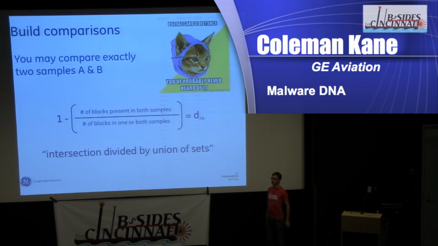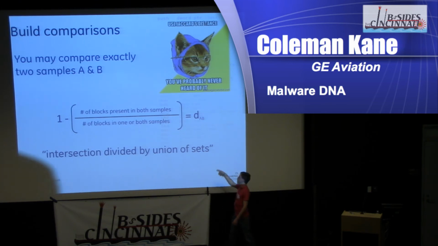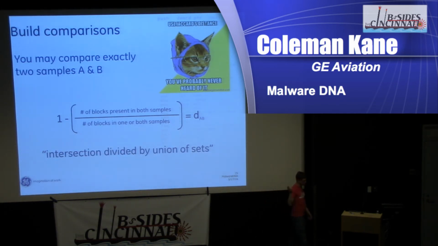So they're going to be 90% of the width of the graph away from each other if you were to draw them. And we'll get to that. This is just intersection divided by union of sets. Intersection is your numerator, and the union is the denominator.